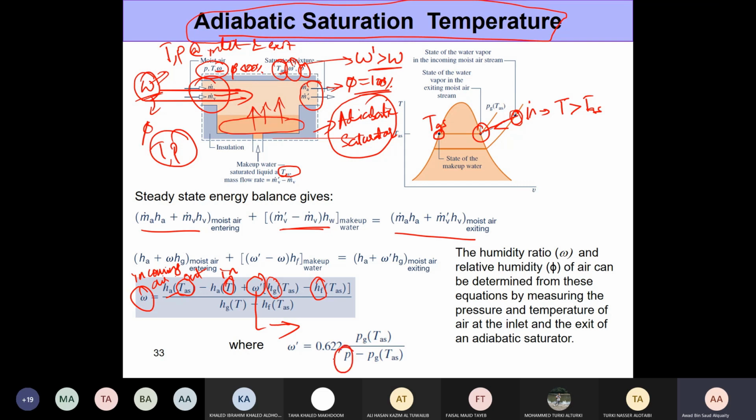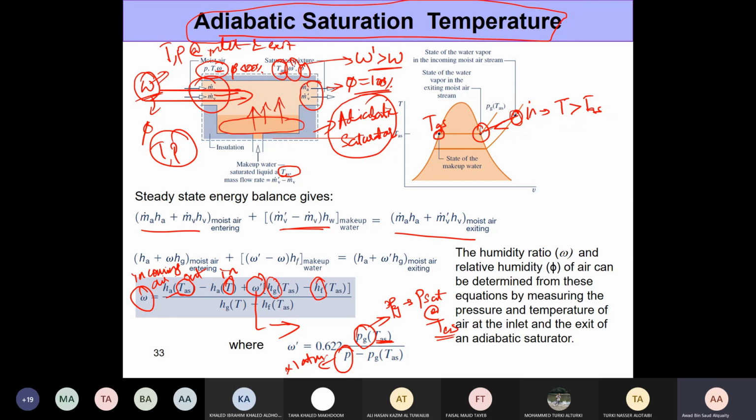You can certainly measure the mixture pressure. It's more or less close to 1 atmospheric pressure. In most cases it can be different as well, but it's going to be atmospheric pressure in most cases. And the partial pressure of water vapor at the exit can simply be determined from the adiabatic saturation temperature, because we know that it comes out as saturated vapor. So Pg is simply the saturation pressure at the adiabatic saturation temperature.